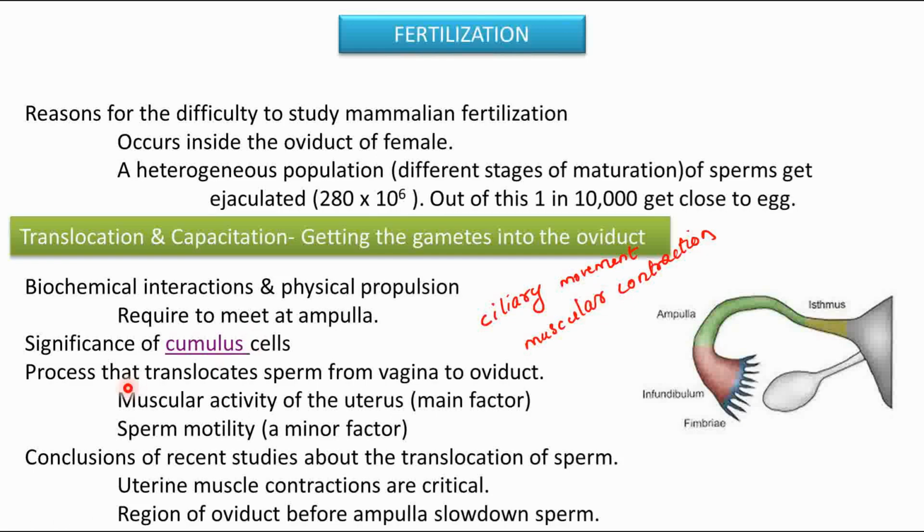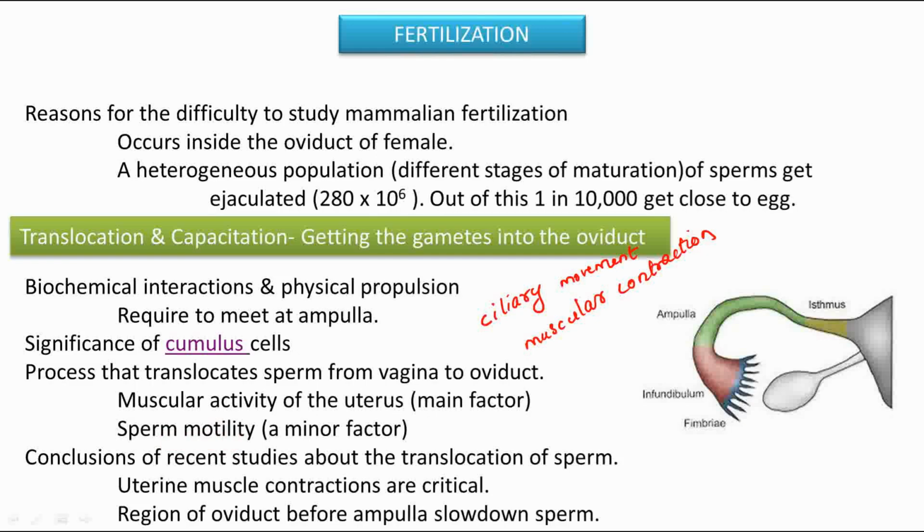Next, we need to understand which processes translocate the sperm ejaculated into the vagina to the oviduct. The main factor is the muscular activity of the uterus. We all think it is the motility of the sperm, because we have read that in most cases lack of motility of the sperm is the main factor that leads to infertility.